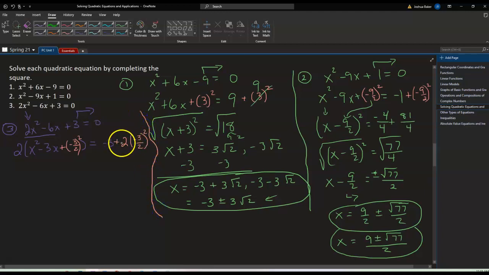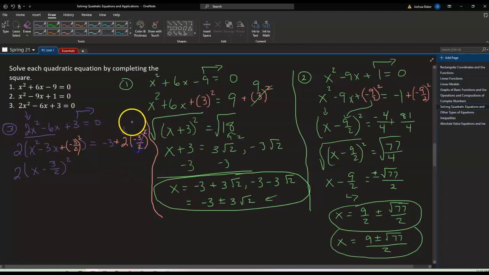Now you might be wondering where this 2 comes from. Well, I'm not just adding in negative 3 over 2 squared. If I'm using my distributive property here, I'm adding in 2 of them. So you have to use this 2 in order to completely balance the equation. So this is going to be 2 times the quantity x minus 3 halves squared. Excuse me, sorry about that.